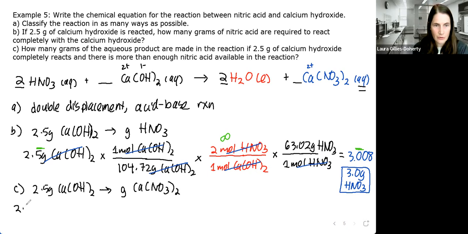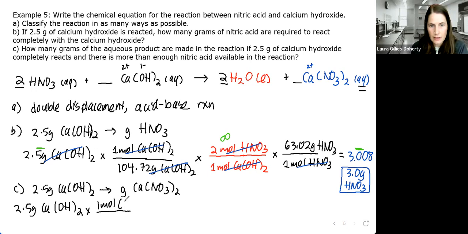So we're going to start with 2.5 grams of calcium hydroxide. We got to convert to moles. So we know already that 1 mole of calcium hydroxide weighs 104.72 grams.